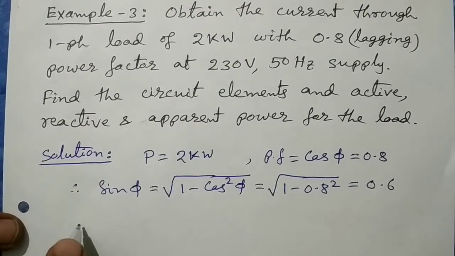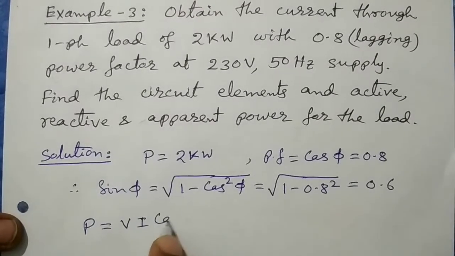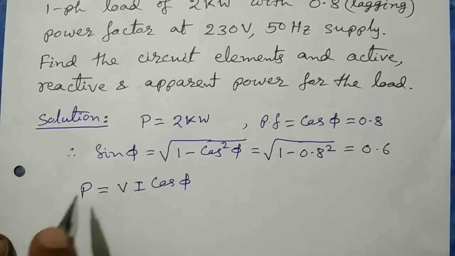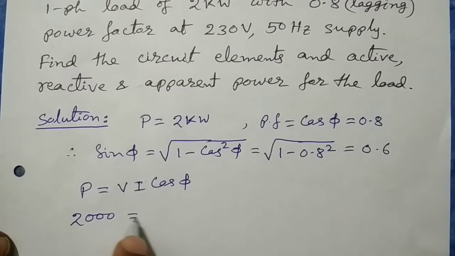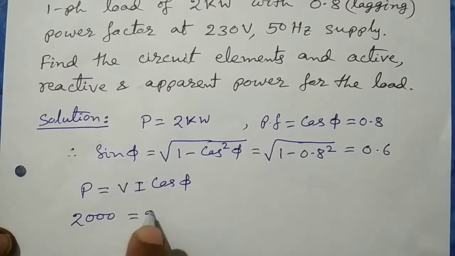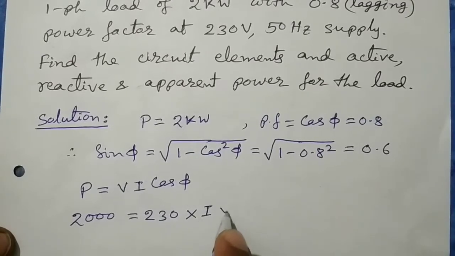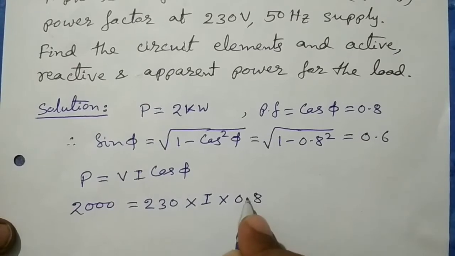Now we know that P is equal to VI cos phi, where P is given as 2 kilowatt, that is 2000 watt. Voltage is 230 volt. Current we have to calculate, and the power factor cos phi is given as 0.8.